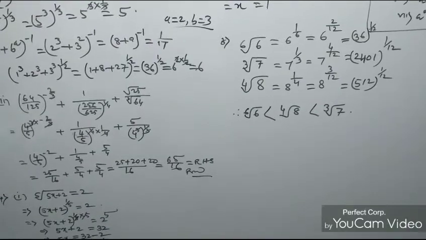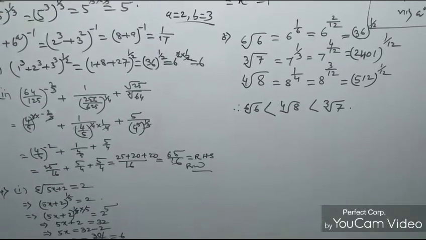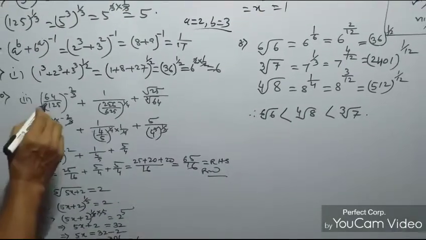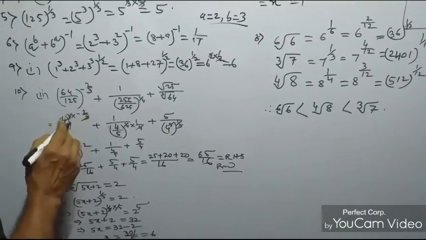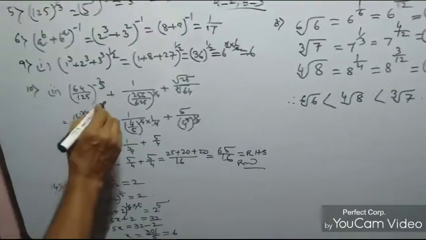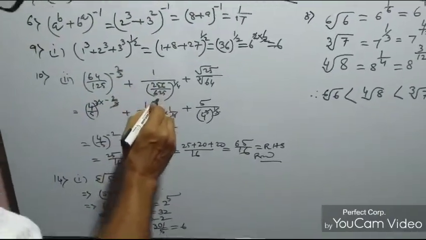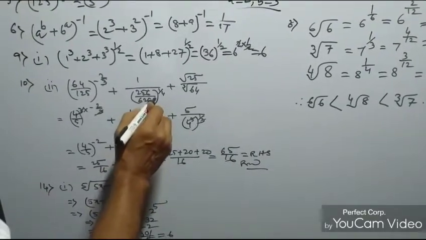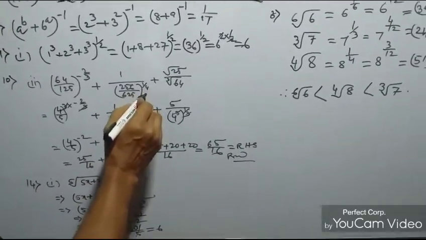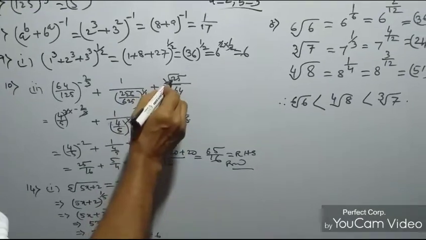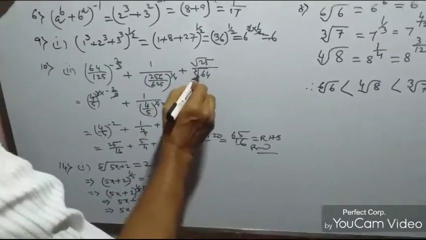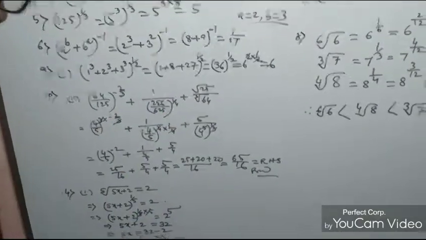And then is coming number 10, part 2. That is (64 divided by 125) to the power minus 2 by 3, plus (1 by (256 by 625)) to the power 1 by 4, plus square root of 25 divided by cube root of 64.